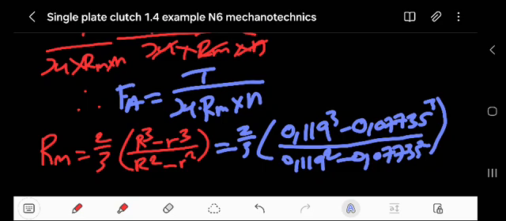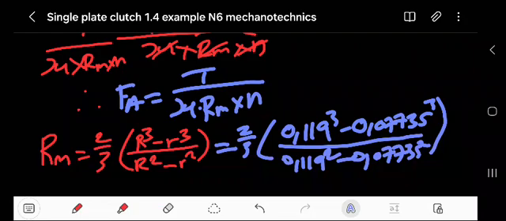Let me grab my calculator. 2 over 3, 0.119 cubed minus 0.07735 cubed, all over, okay, sorry, 0.119 cubed minus 0.07735.